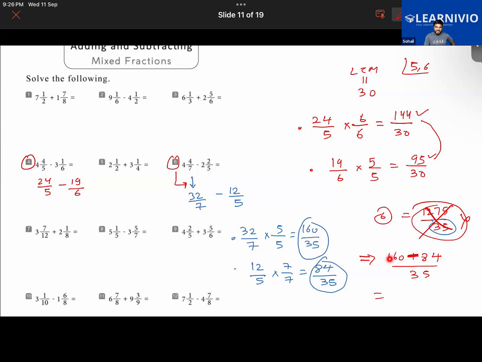So the number is 160, and after subtracting 84 from this, we're getting 176. How is that even possible? Wait. Should be getting only 76. Okay. Do it on your own. Carry on as you were doing it.